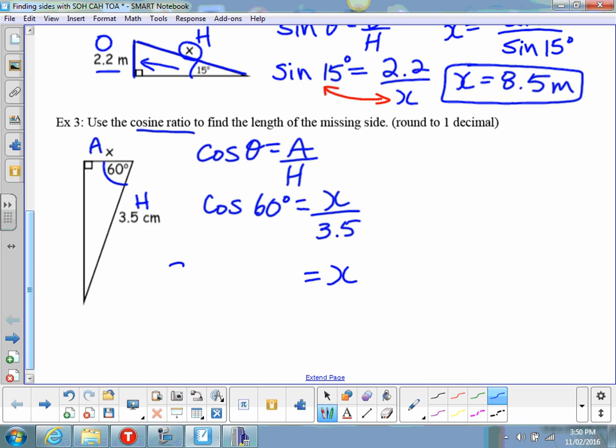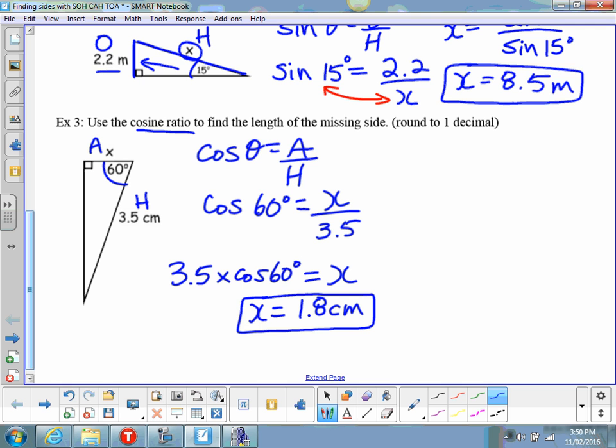So the 3.5 this time is going to multiply by the cos 60 to get our answer there. And when you do that calculation, you get 1.8 centimeters when you round to 1 decimal place, and that definitely makes sense when you look at your diagram.